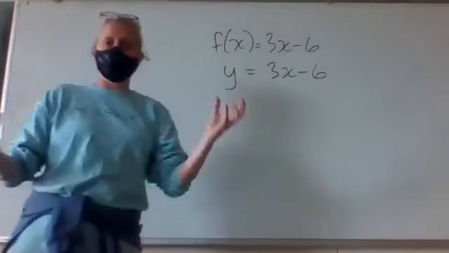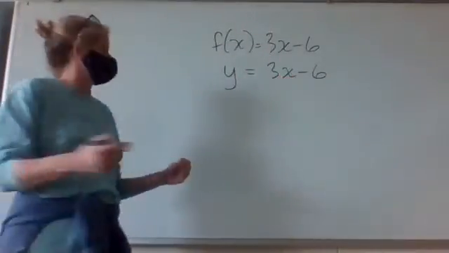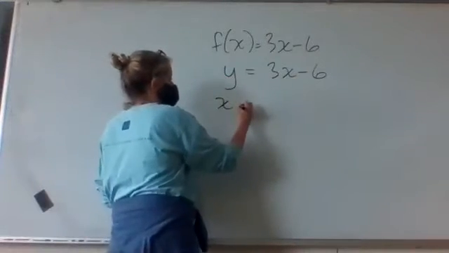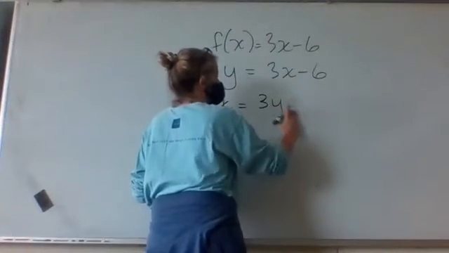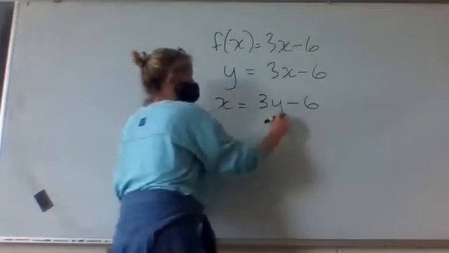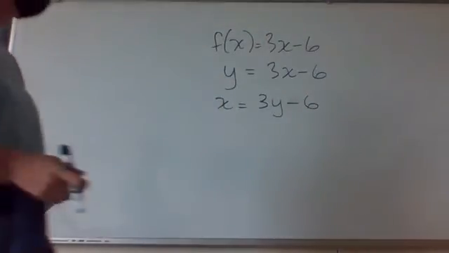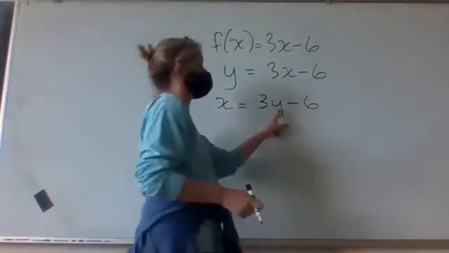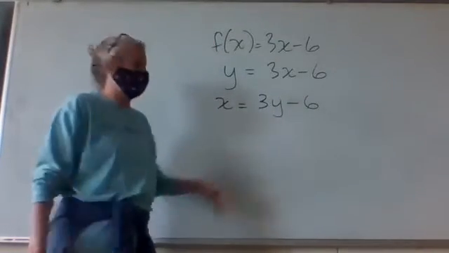Now, here's the inverse part. You're going to invert the x and the y. You're going to switch their places. So this will become x equals 3y minus 6. Once you switch the x and y, then you're going to get the new y by itself. Then that'll be the inverse.